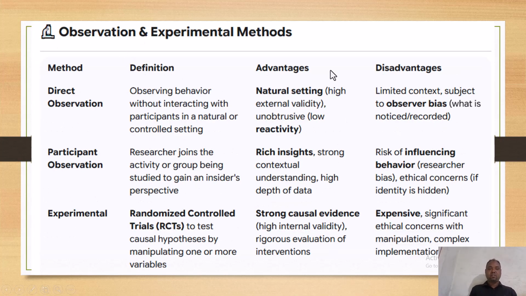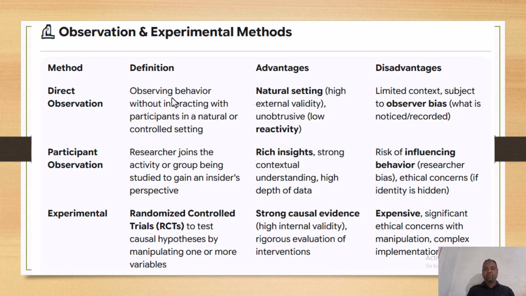The second class of data collection methods is observation and experimental methods, which consists of three methods: direct and participant observations, and the experimental method. Under direct observation, we observe behavior without interacting with participants in a natural or controlled setting, right? This is nothing but observation without participants.